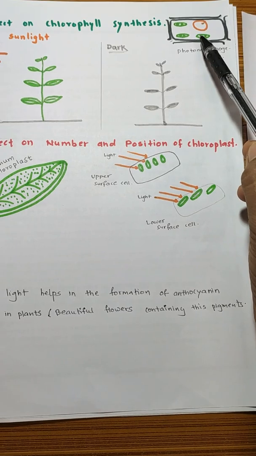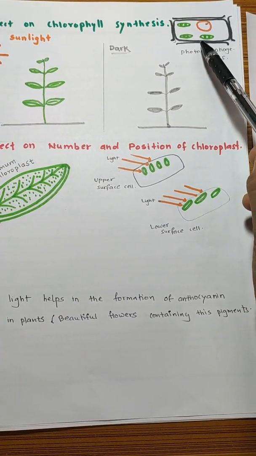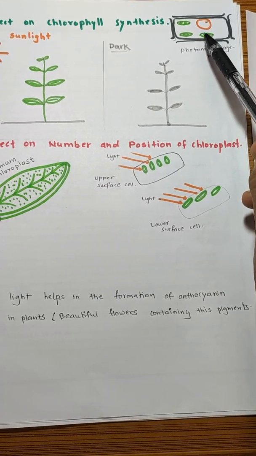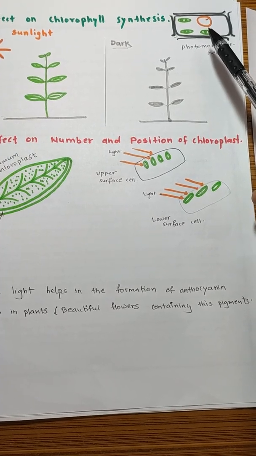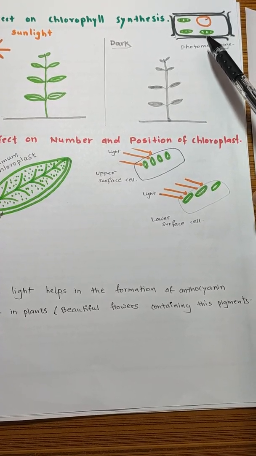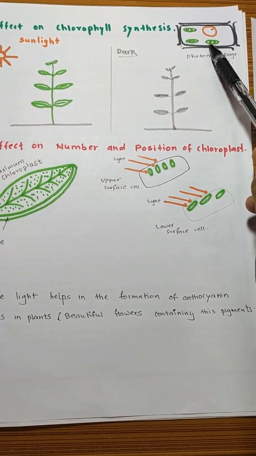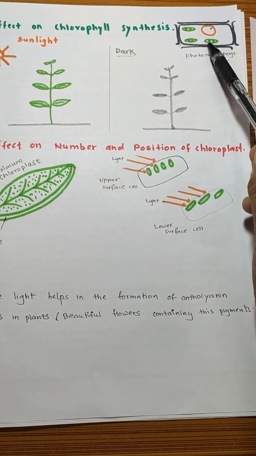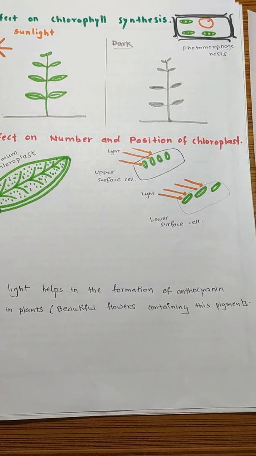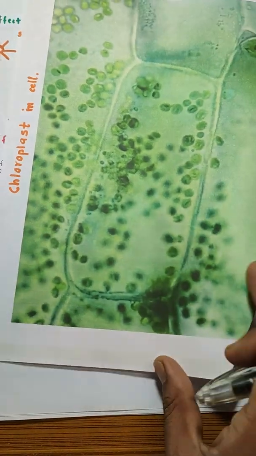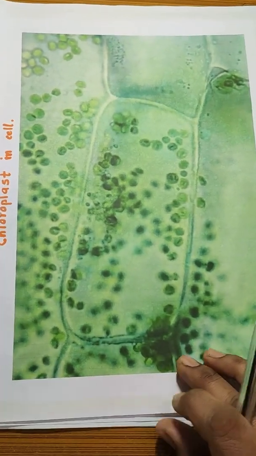Chlorophyll pigments are present in each and every cell of the leaf, except some xylem and phloem and some other tissues, but generally in plants many cells contain chloroplast, and in that chloroplast there are chlorophyll pigments which are synthesized during sunlight. See here in this picture there is a chloroplast.